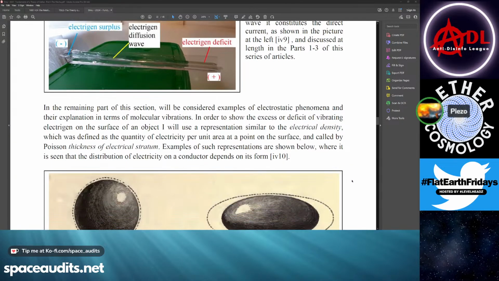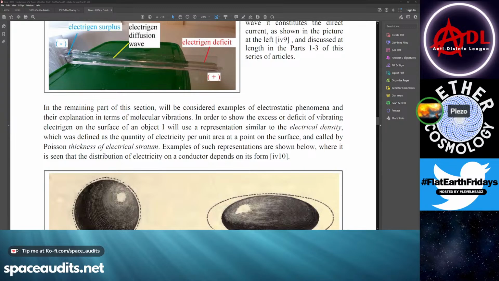In the remaining part of this section, will be considered examples of electrostatic phenomena and their explanation in terms of molecular vibrations. In order to show the excess of or deficit of vibrating electrogen on the surface of an object, I will use a representation similar to the electrical density, which was defined as the quantity of electricity per unit area at a point on the surface, and called by Poisson thickness of electrical stratum.